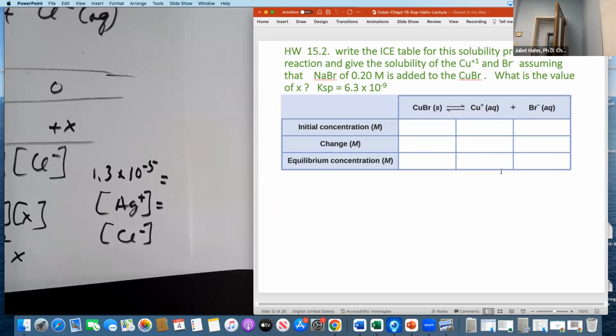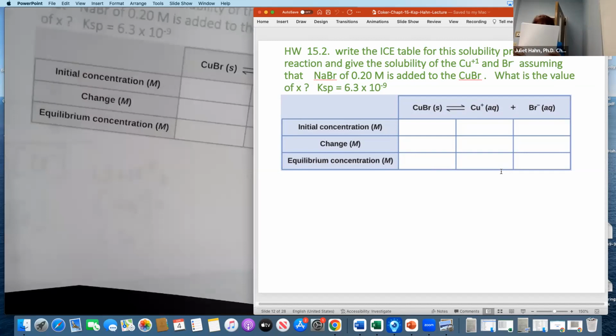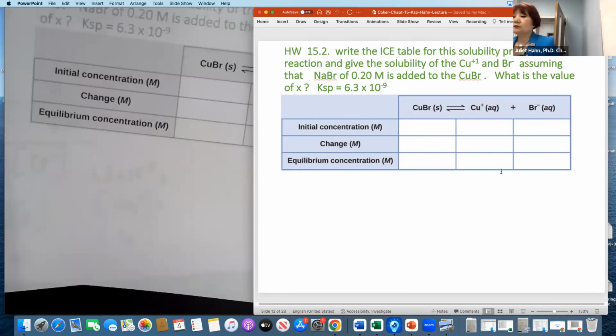I don't think I gave... See if I can read in my table. I can't remember. I made it up this morning, but I still can't remember what I put on it. I didn't give you an ice table, but you still have to do something sort of like what we're doing now.